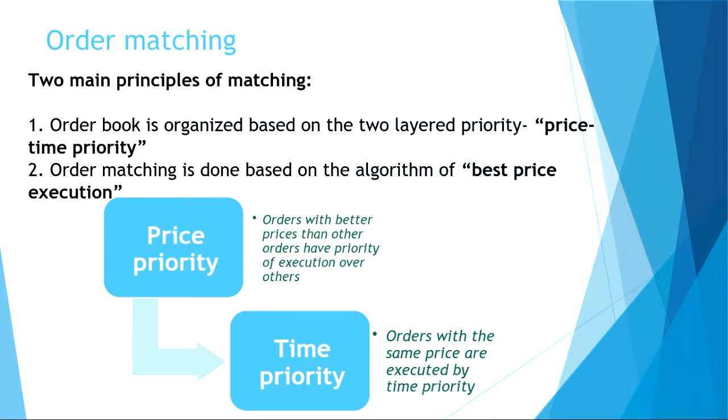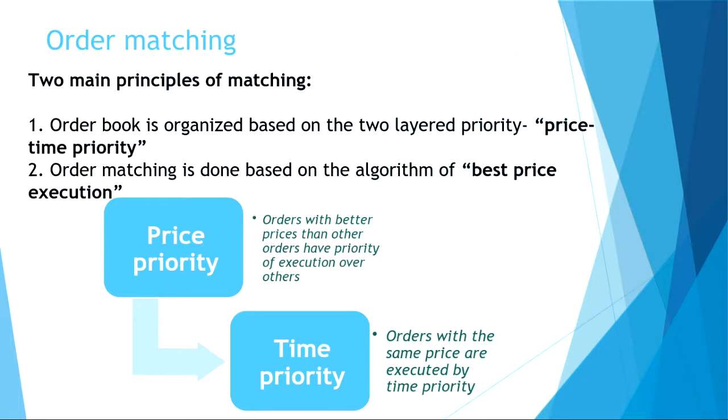Then 9 is better than yours, so 9 has the priority. The new order has the priority because the price is higher on the buy side. Same for the sell side, right? If the price is lower, then it has priority on the sell side.